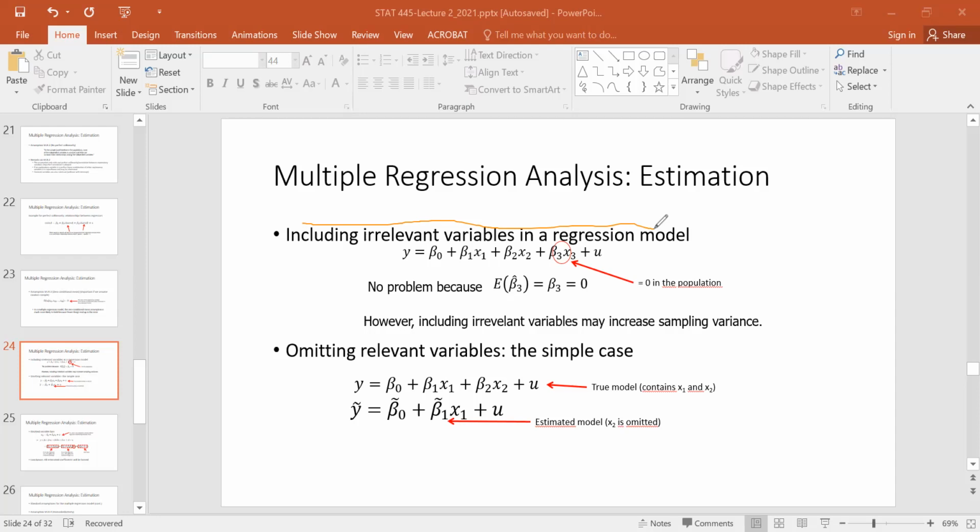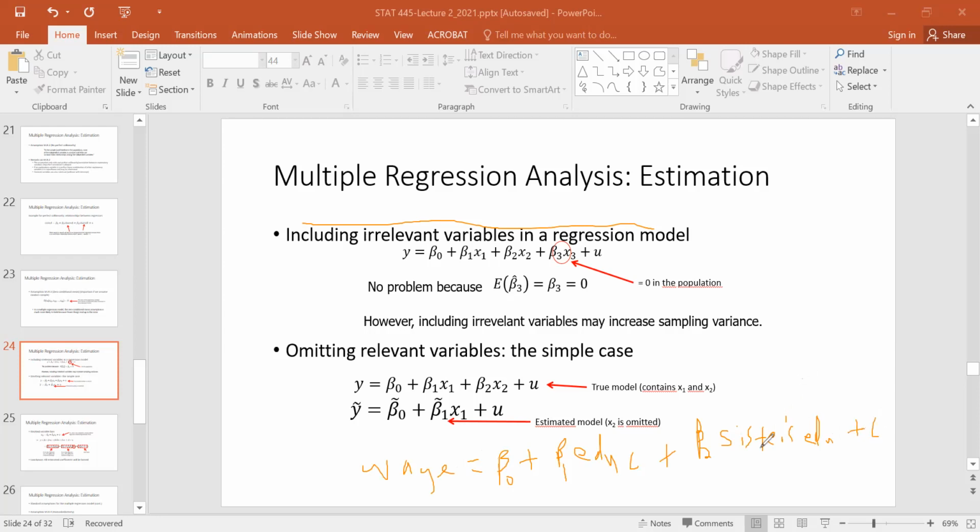What do I mean by irrelevant? For example, in the returns to schooling, my wage is assumed to depend on my level of education. Think about it. Can my sister's education matter in my salary? My sister's education.